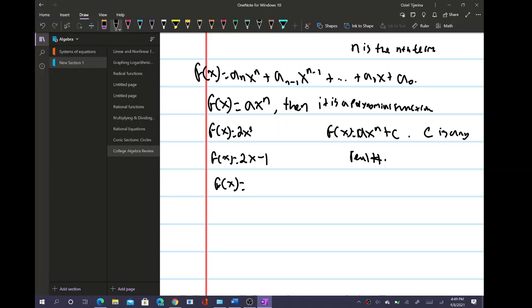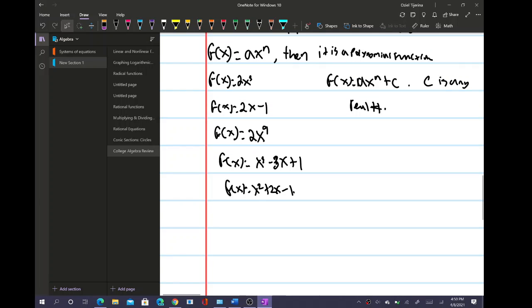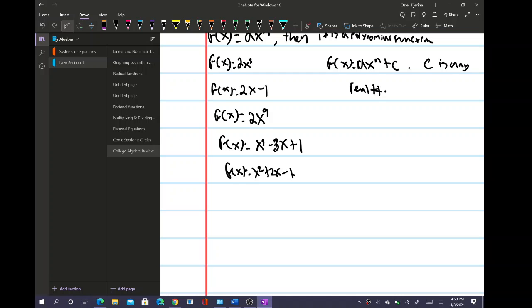Sorry, guys. So yes, this is a polynomial function. A linear function is a polynomial function. If I have 2x to the 9th, f of x equals x cubed minus 3x plus 1, or f of x equals x squared plus 2x minus 1, these are polynomial functions. Now, when it is not a polynomial, that is when you have something like a square root or an absolute value.